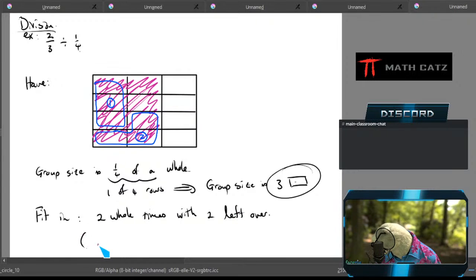Or we could say, excuse me, how many pink do we actually have? We have 1, 2, 3, 4, 5, 6, 7, 8. Let me write the have here.